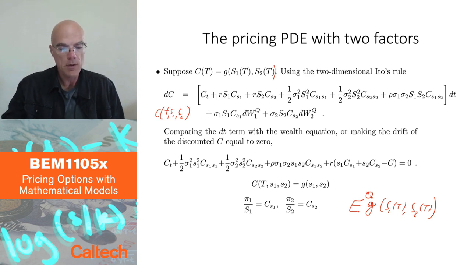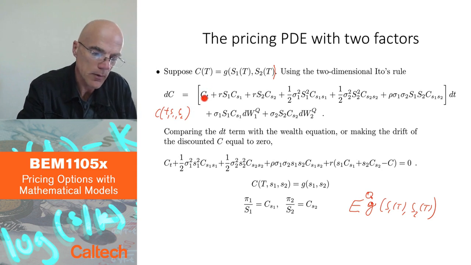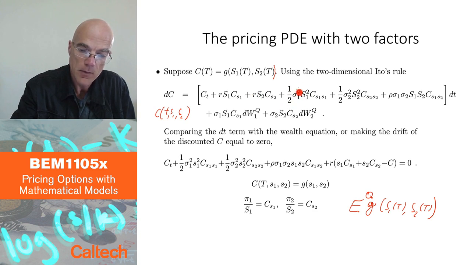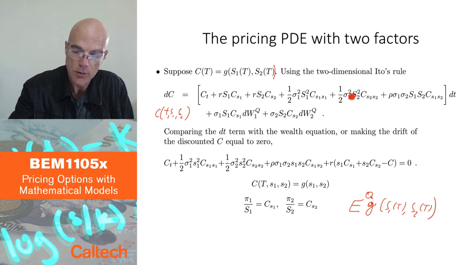And what happens is, as usual, you have the derivative with respect to time. First derivatives multiply drift, which is rS1 for S1 and rS2 for S2. And then you have 1/2 squared volatility times asset squared times the second derivative with respect to S1, plus the same thing for S2: 1/2 sigma 2 squared S2 squared times the second derivative with respect to S2 of the price.